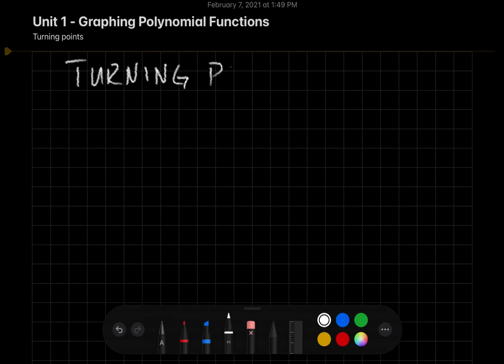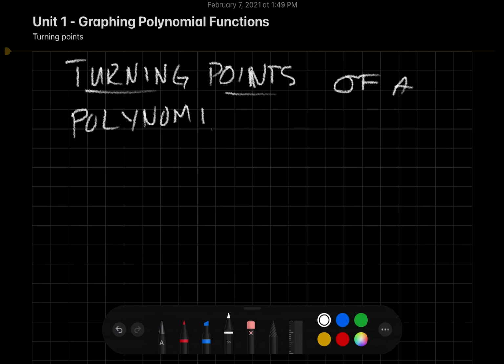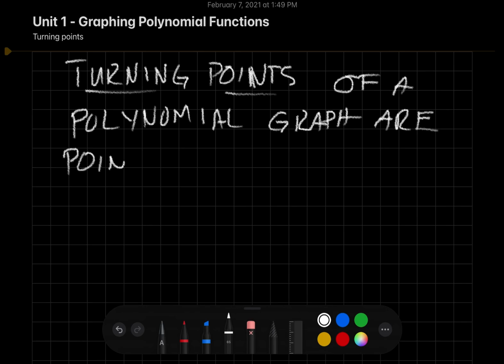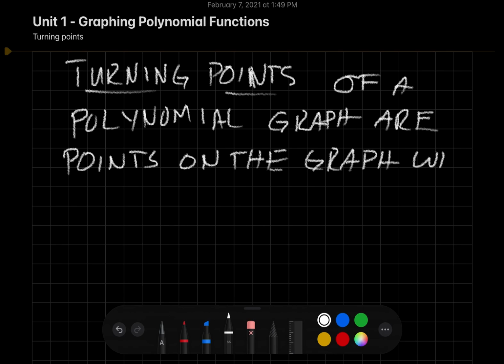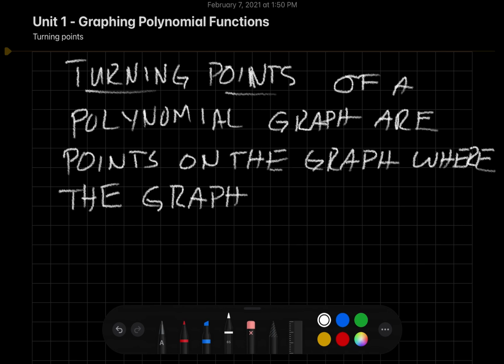So turning points of a polynomial graph are points on the graph where the graph changes directions.